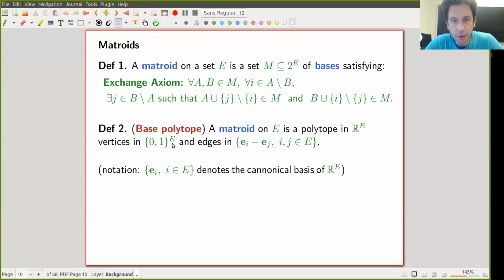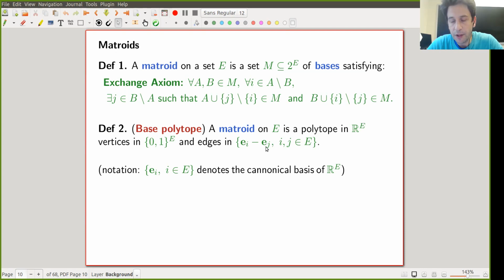And how will I know that this forms a matroid? Well, the characterization is that if you look at the convex hull of these points, which is going to give you a polytope inside the unit cube, all the edges have to be of the form e_i minus e_j for some elements i, j of the ground set.